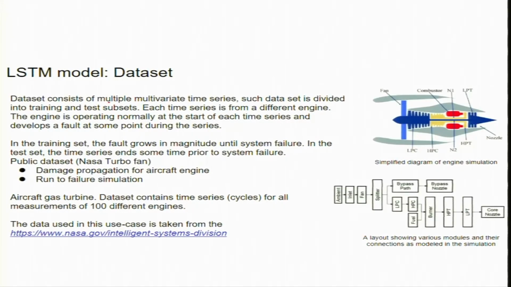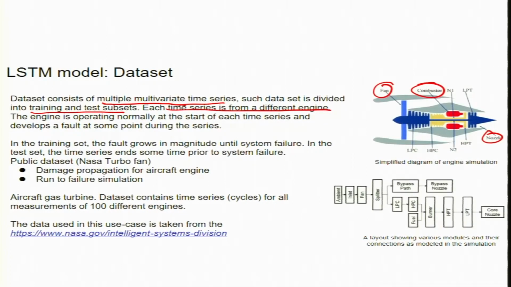So, let us define more details of the data set. The data set consists of multivariate time series data. Why? Because so many sensors are needed to monitor the fan, combustor and various component nozzles of the aircraft engine. Therefore, such a data set is divided into the training and test data set. Now, each time series is from a different engine.